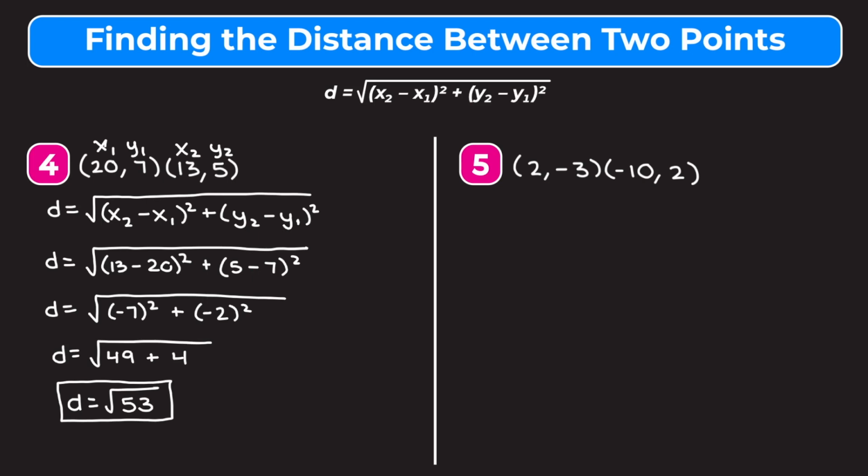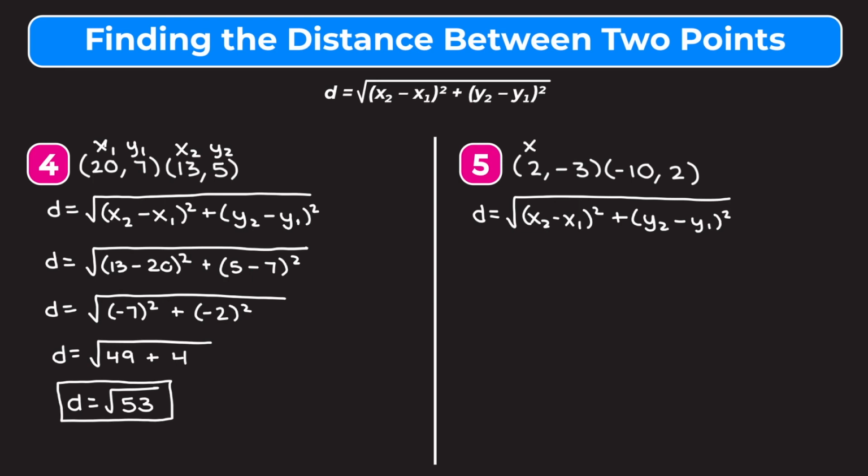And moving on to our last example, we have the points 2, negative 3 and negative 10, 2. So let's rewrite our formula. D is equal to the square root of x2 minus x1 squared plus y2 minus y1 squared.